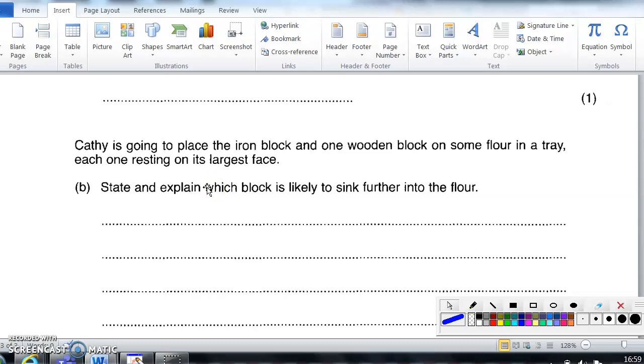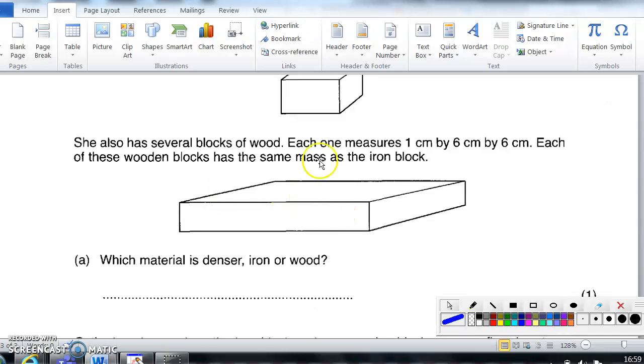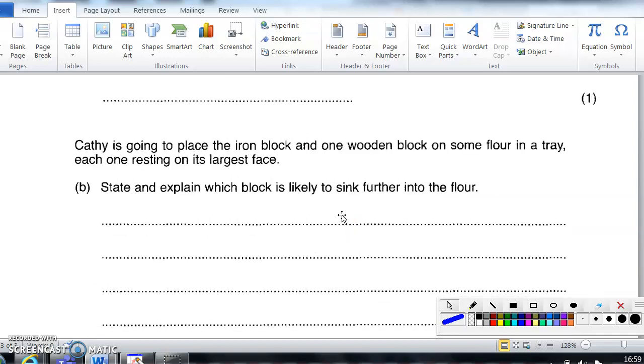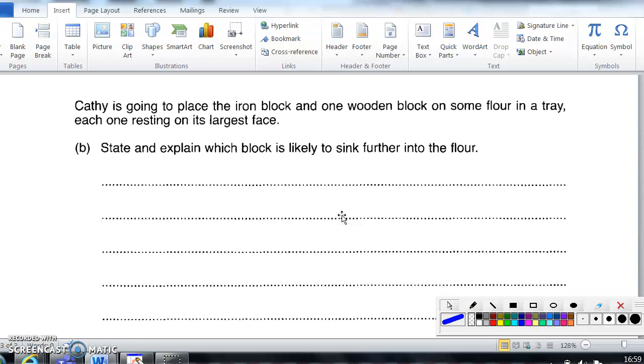So the iron will sink the furthest. It's got the same mass as the wood, but the area on the bottom is far less. We know, and I put it in here, pressure equals force divided by area. So because we've reduced the area, the pressure on the iron block is much higher.